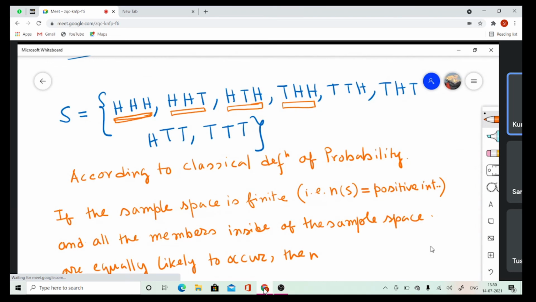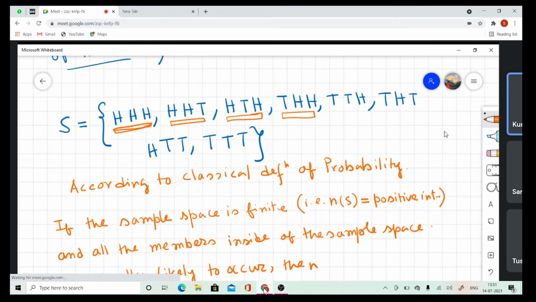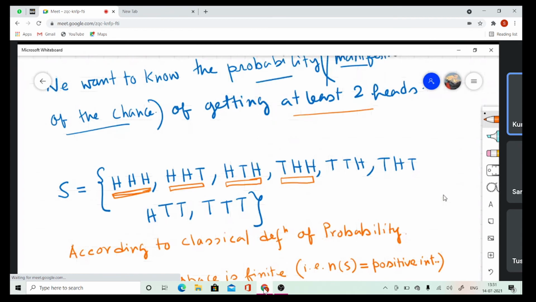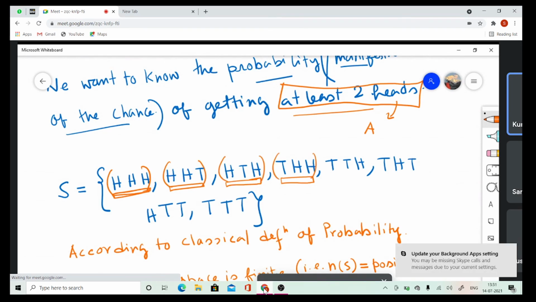Then the event we are interested in, which is getting at least two heads, is basically the set A, and the members of set A are this one, this one, this one, and this one.